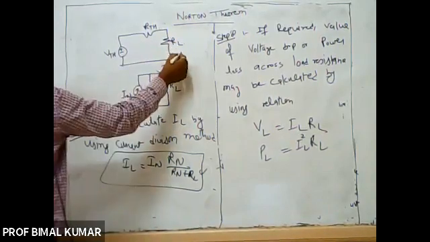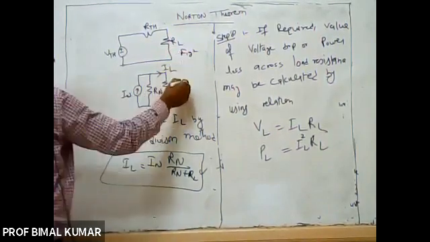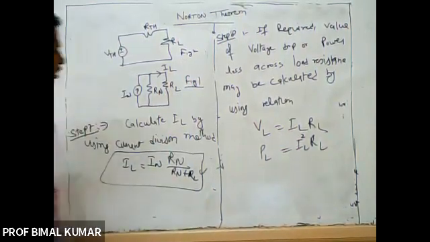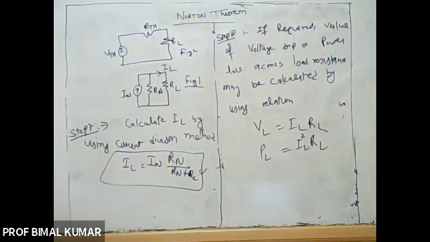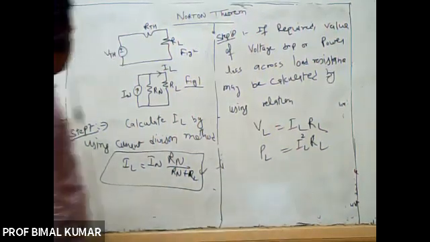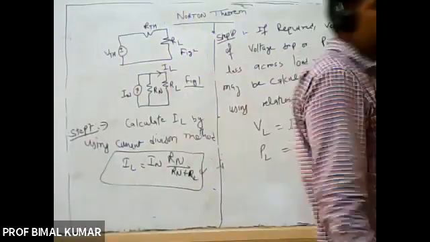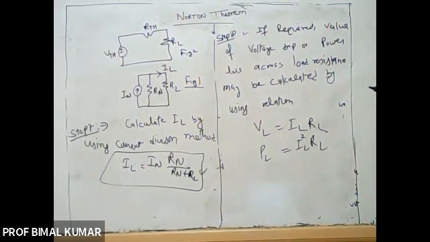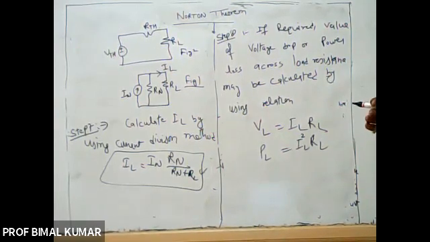Let us suppose this is figure 1 and this is figure 2. Figure 1 gives you the equivalent circuit of the Norton theorem, and figure 2 gives you the Thevenin equivalent circuit, right?